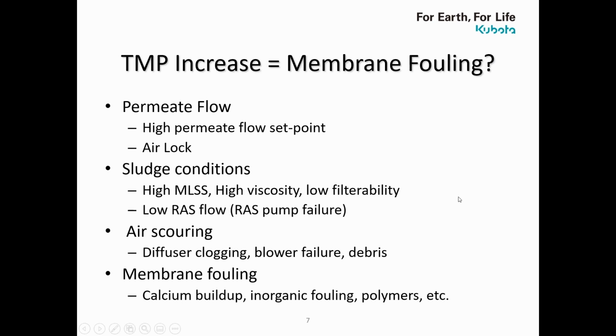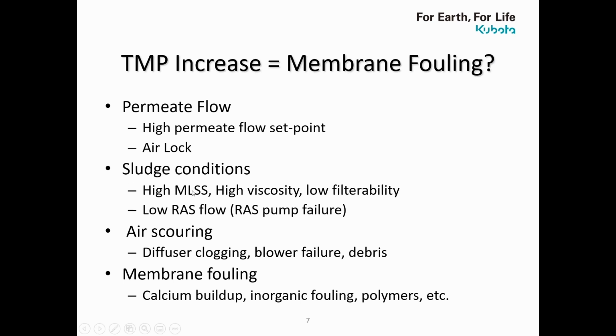So what does that TMP increase mean? It does mean that the membrane is fouling more, or if you have a higher flow rate, the TMP is going to be higher anyway. Also, air inside the permeate piping line can cause a higher TMP because it causes a lot of loss. The sludge conditions can make the TMP a lot higher.